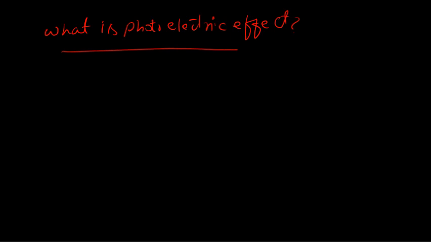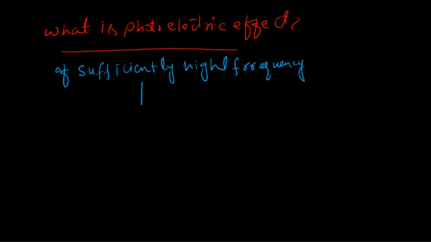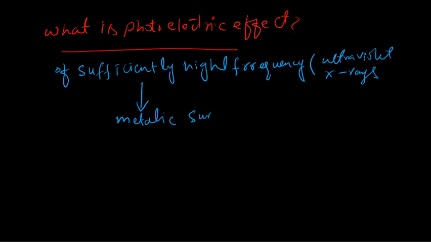We can define the photoelectric effect as when electromagnetic radiation of sufficiently high frequency falls on a metallic surface, like high frequency means ultraviolet and X-ray, then as a result electrons are emitted from that metal.